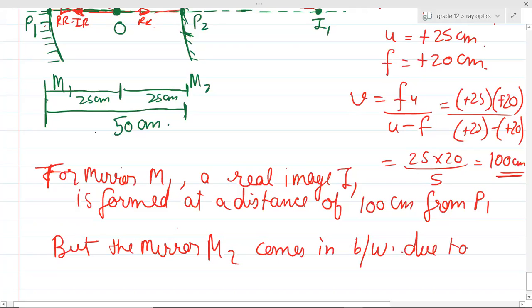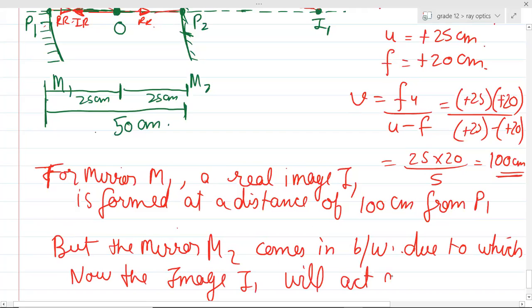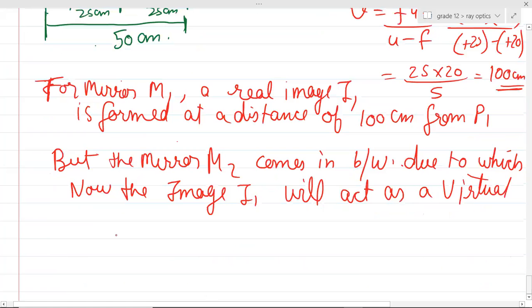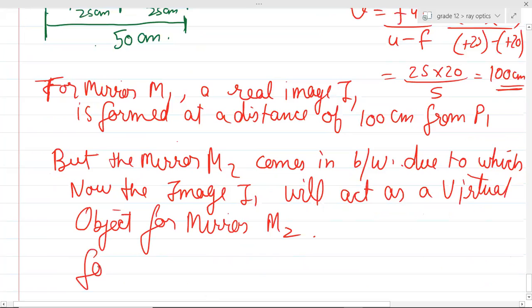Due to which the image I1 will act as a virtual object for mirror M2. Okay, so basically image I1 is acting as the new object. Say it's a virtual object, doesn't matter.